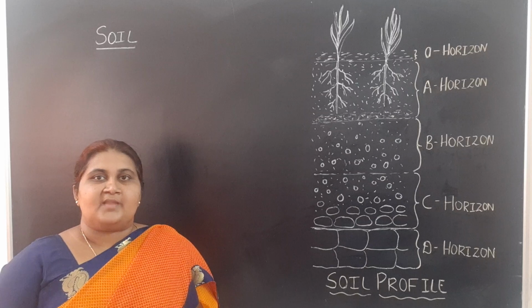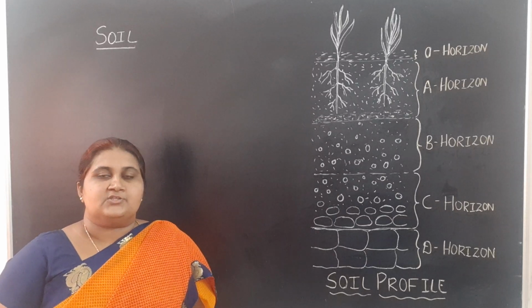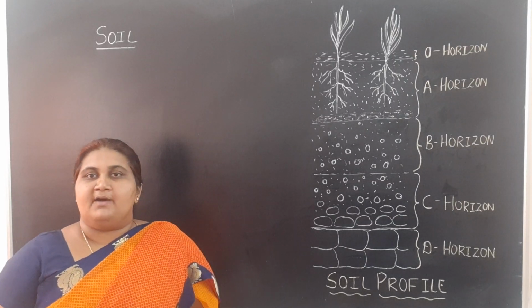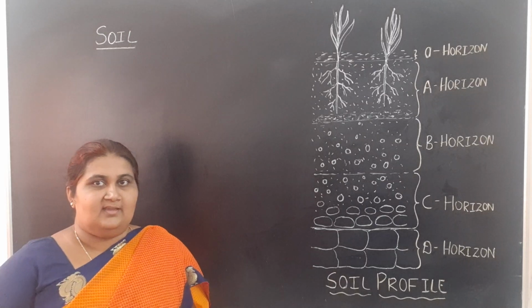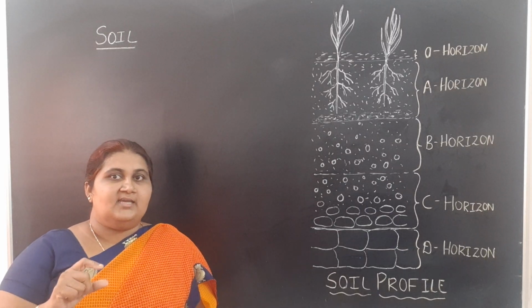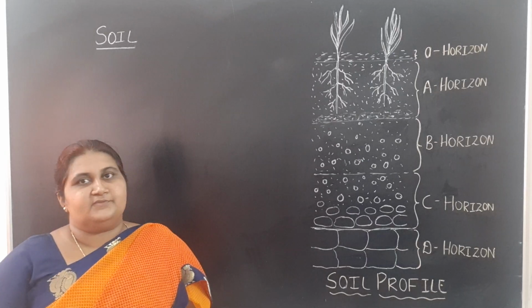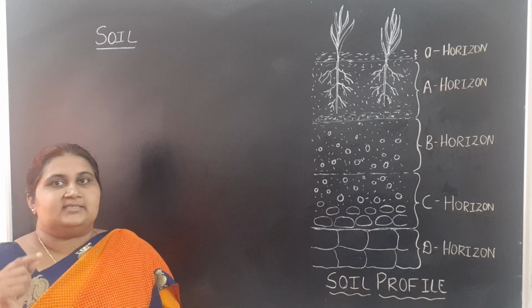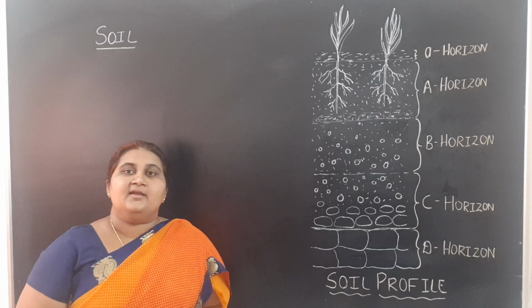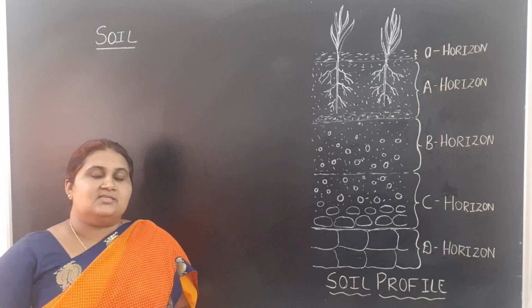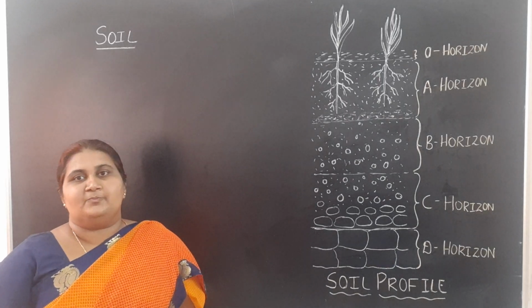You all know how soil is formed. Soil is formed by a process called weathering. So soil is the upper part of the upper layer of the earth. So what does soil contain?